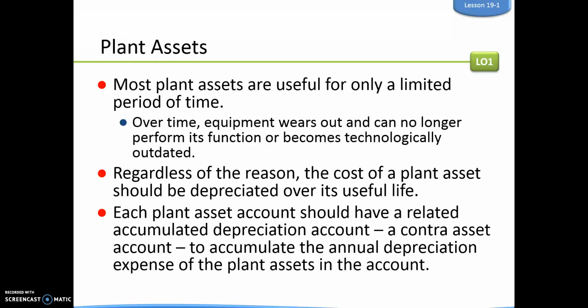If you bought a computer in the 1980s, it likely isn't going to be useful right now technologically because technology has come so far in 40 plus years. Okay, so regardless of the reason, however, the cost of a plant asset has to be depreciated over its entire useful life. So each plant asset is actually going to have a related accumulated depreciation account, which is a contra asset account used to accumulate the annual depreciation expense of that plant asset.